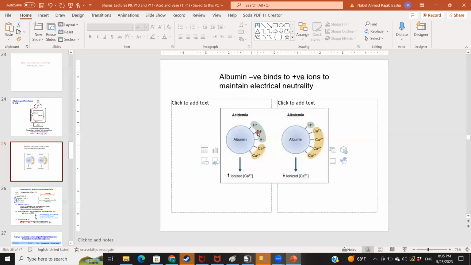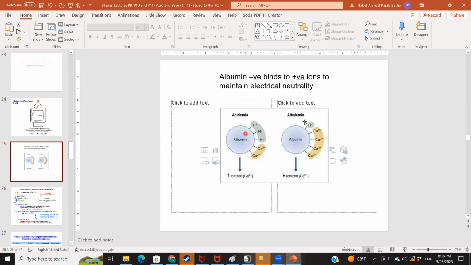So in case of acidosis, or let's say acidemia, in the presence of huge amounts of hydrogen, hydrogen is going to bind to albumin. This is how albumin prevents hydrogen from accumulating in the blood and prevents pH from decreasing.